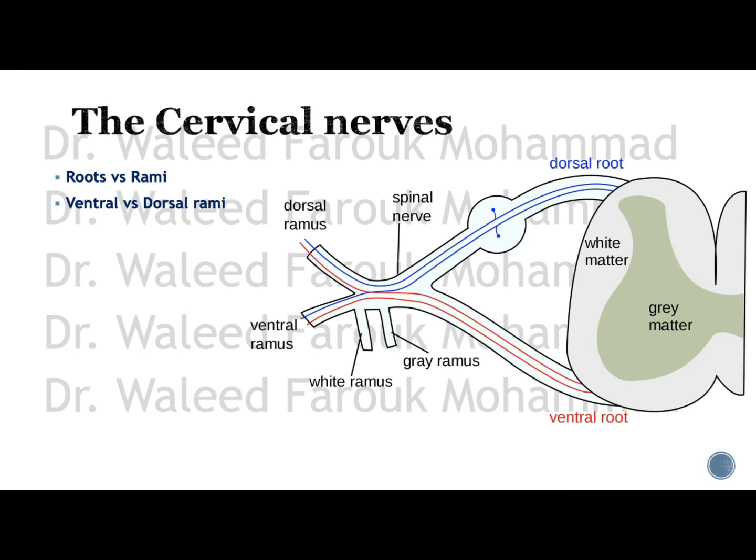The plexuses are very important because without plexuses, imagine that every muscle gets its own nerve. So you will need to have a very big cross-section spinal cord to get that, because you need cells that will form the nerve.